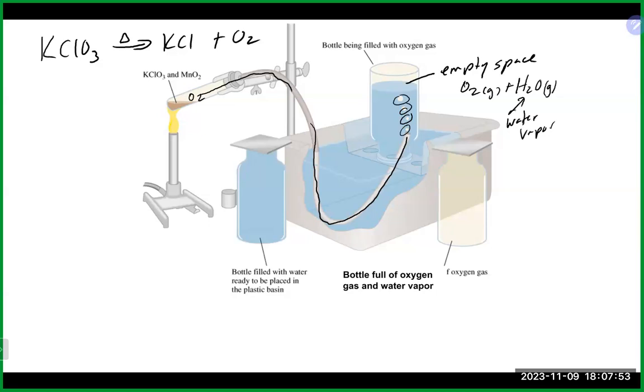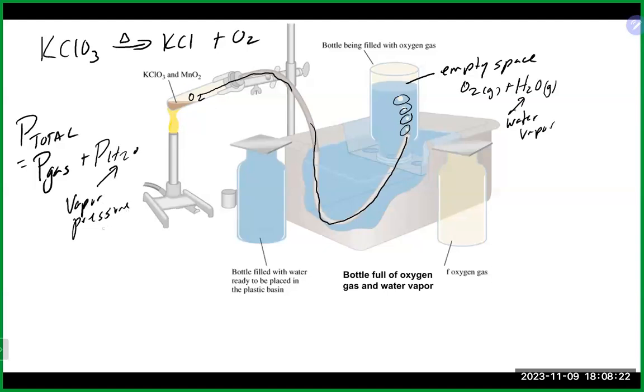So in this partial pressure situation, we usually want to get rid of the water vapor's contribution to the pressure. In this situation, the total pressure will equal the pressure of the gas we're interested in, which in this example is oxygen, plus the vapor pressure of water.